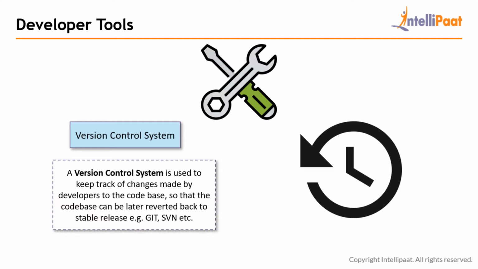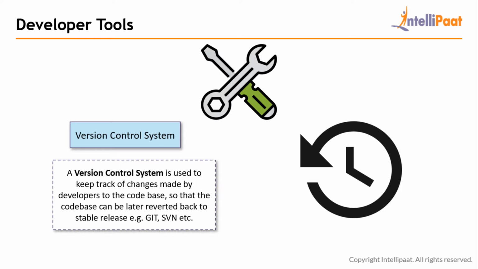One of those tools is a version control system, also shortened as VCS. A version control system is basically a system that allows you to keep track of the changes and keep track of who made what changes at what time, and what those changes bring about in your code base.